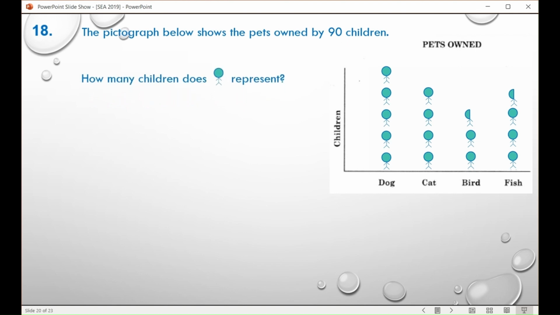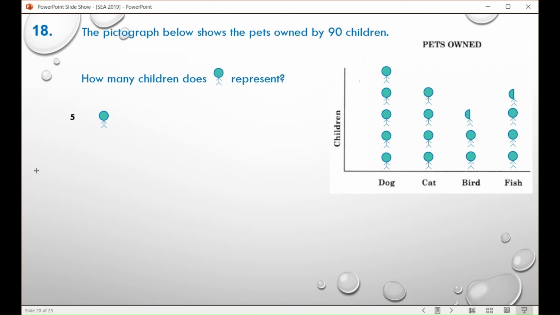How many children does that symbol represent? So if we look at this little guy and we take a look at the dogs, we can see that there are 1, 2, 3, 4, 5. So there are 5 symbols that represent how many children own dogs.